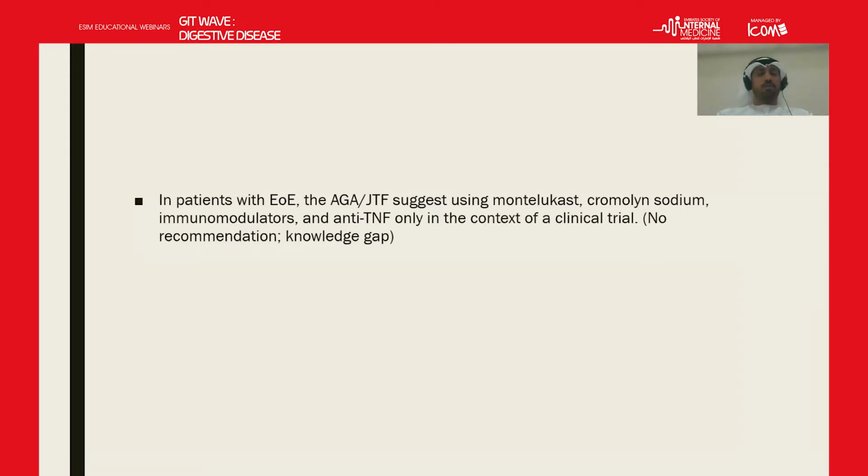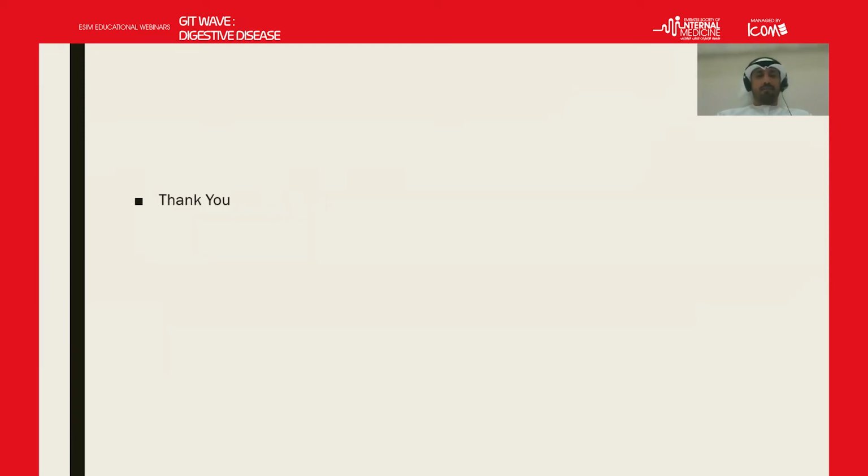And hopefully soon, given the promising data, they will be integrated into the guidelines. As I showed you before, there is up to 90% histological response with some of the monoclonal antibody therapies.